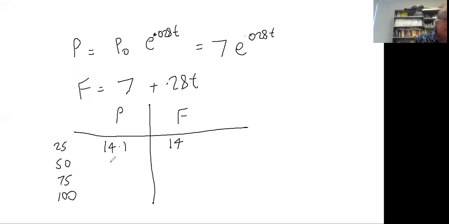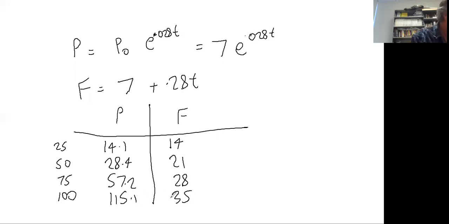In 50 years, it's 28.4, and the food is only 21. It's only going up by 7, right? This is 57.2. This is 28, and then this is 115.1 and 35.